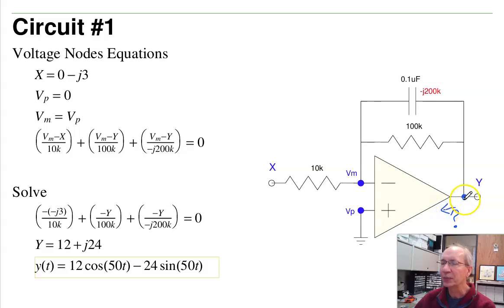The node equation at the output is V plus equals V minus. The third equation is the currents at V minus must add to 0. So current left plus that current right, and the current right equals 0. So (V minus minus x) over 10k plus (V minus minus y) over 100k plus (V minus minus y) over minus j200k equals 0. 3 equations, 3 unknowns, solve.